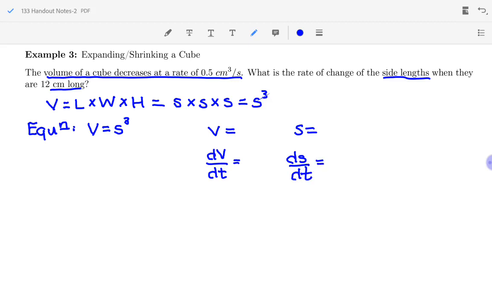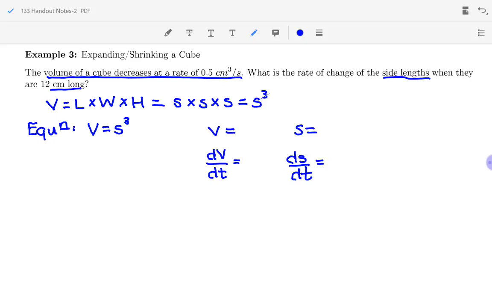So we have the volume of a cube decreases at a rate of 0.5 centimeters cubed per second. So we're talking about volume, so we're either talking about V or dV dt. V would just be a number, dV dt would be a rate. We can tell by the units, or by the words decreases or rate.